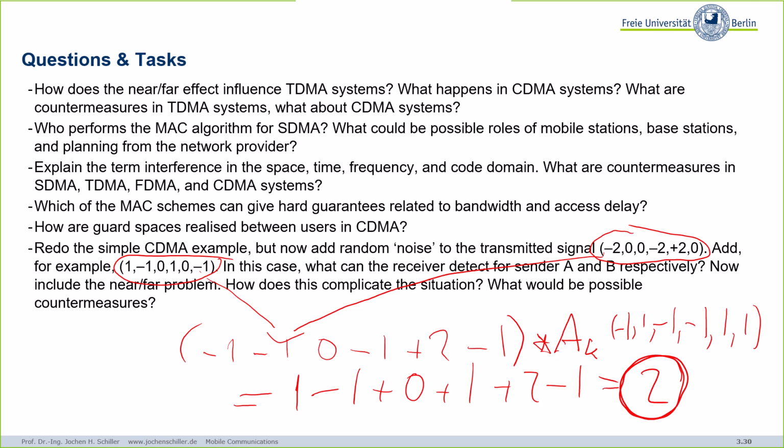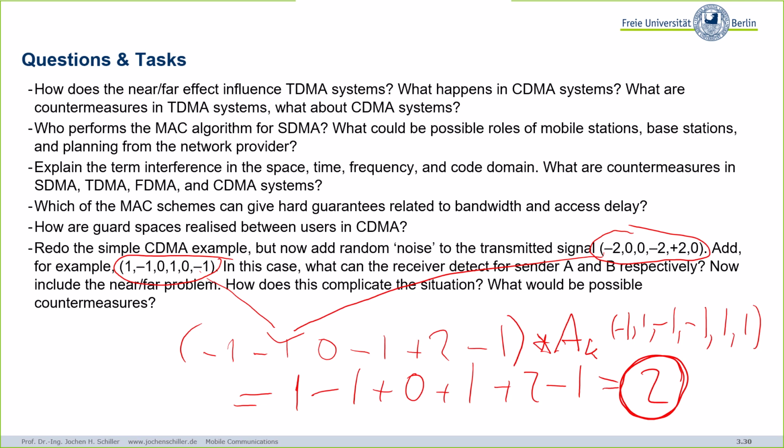But now, if we add real life near-far problems, then indeed the signal of one of the senders could be that strong that if you add noise, you will not receive the original signal of the weaker sender anymore. So near-far plus noise, that's a problem.